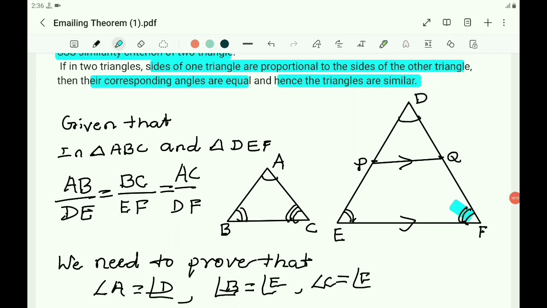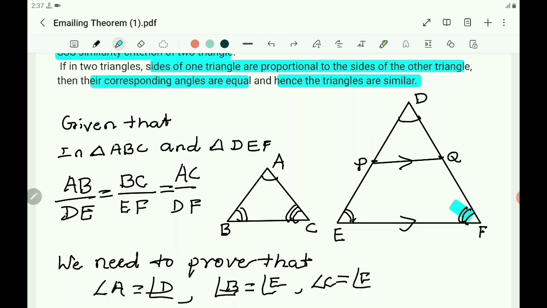The ratio which we got, DP by DE is equals to DQ by DF, is from the ratio DP by PE is equals to DQ by QF.